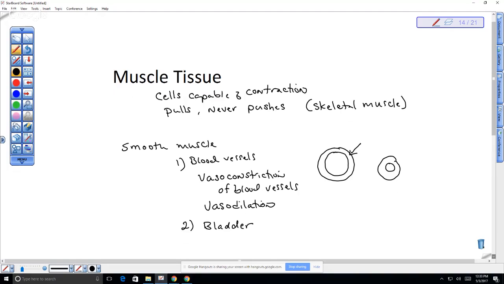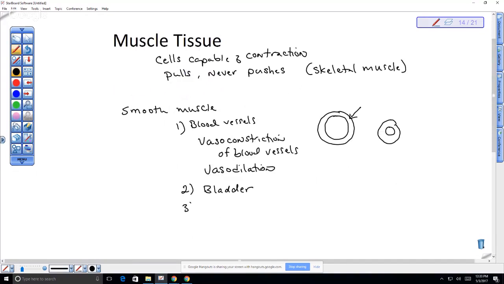We also have it in the uterus. So during labor, those contractions that push the baby out, that is smooth muscle. We also have it in the digestive tract. Once you swallow, you have no control over the movement of your food, right?